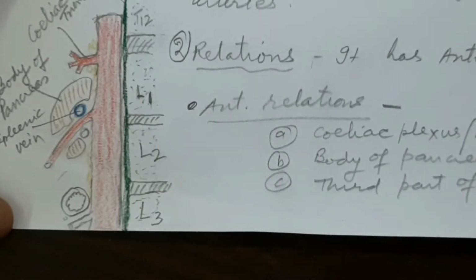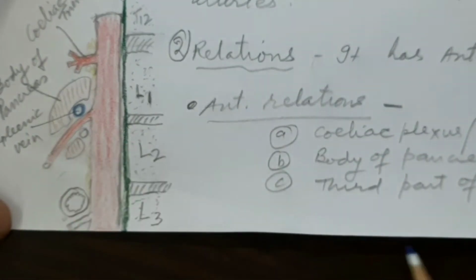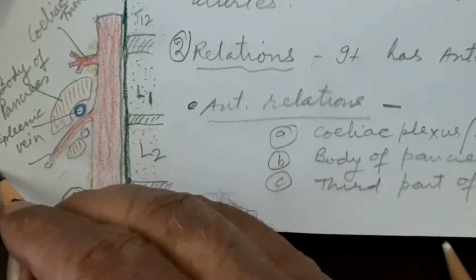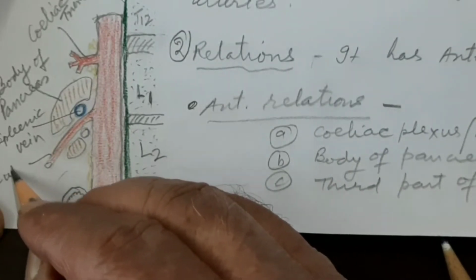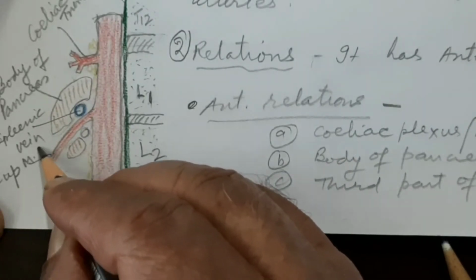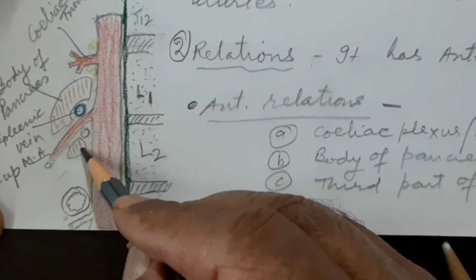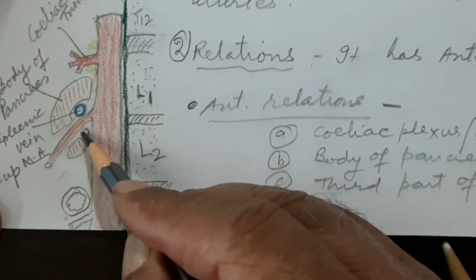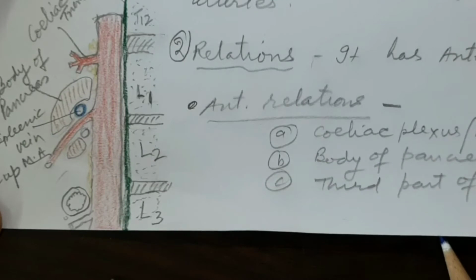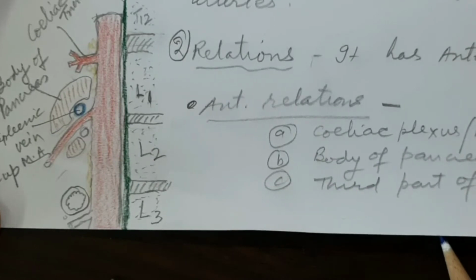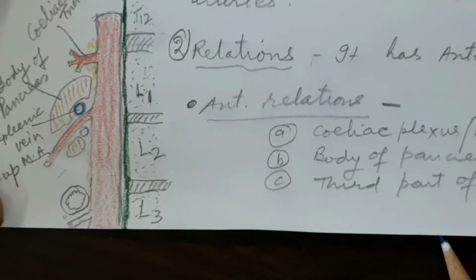Okay? So this is the superior mesenteric artery, and this is the uncinate process of the pancreas, which will be lying just below the superior mesenteric artery, right?